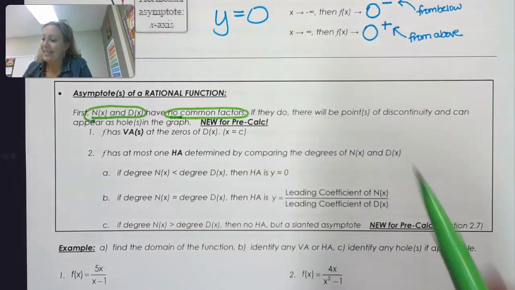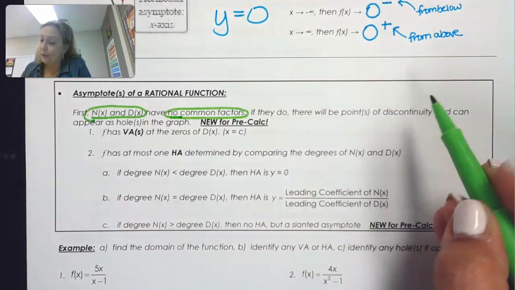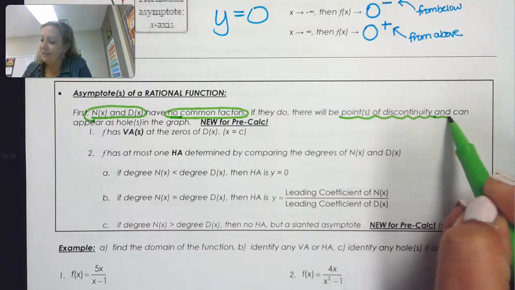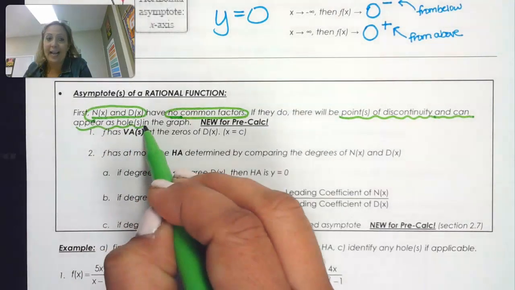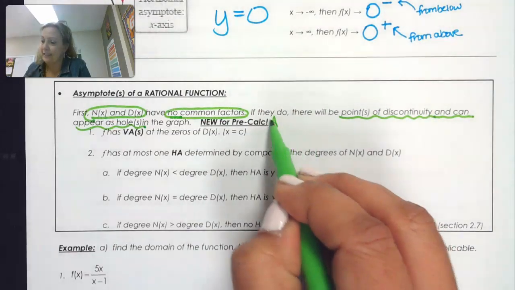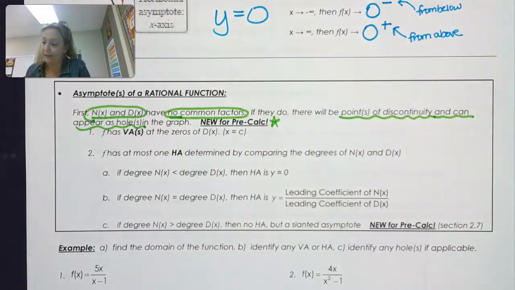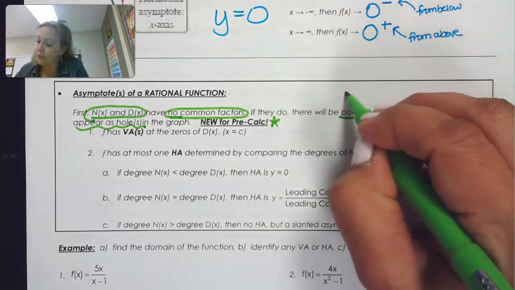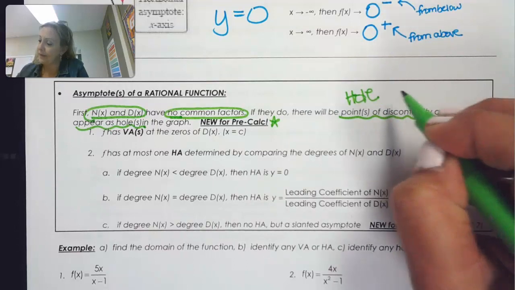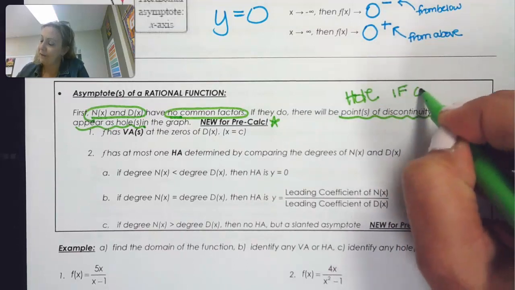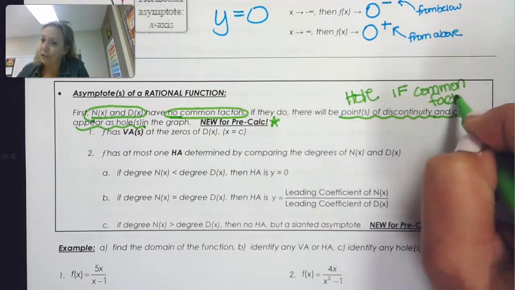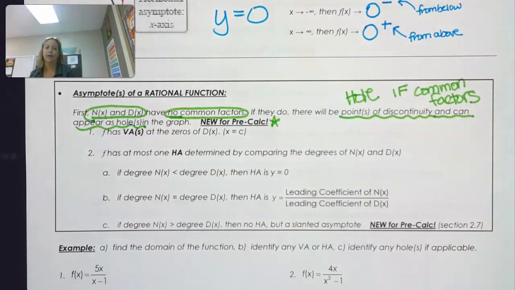If they do, there will be points of discontinuity, and those are going to appear as holes. Again, this is something that's new this year for pre-calc. The moral of the story is there's going to be what's called a hole if we have common factors. And we'll practice that together. Don't you worry.